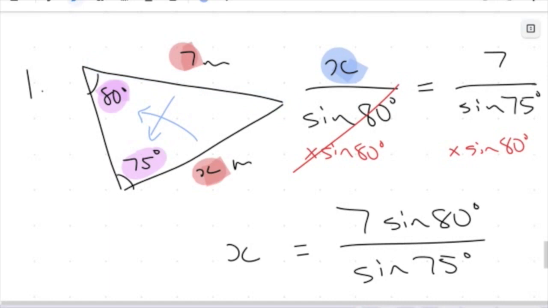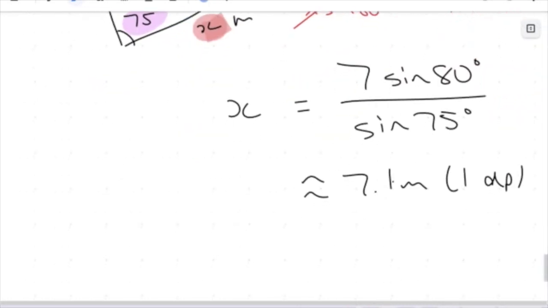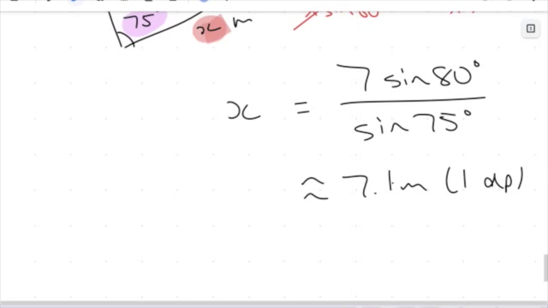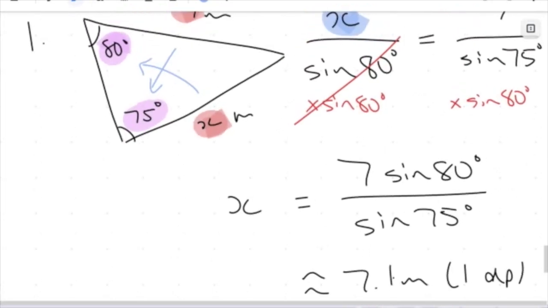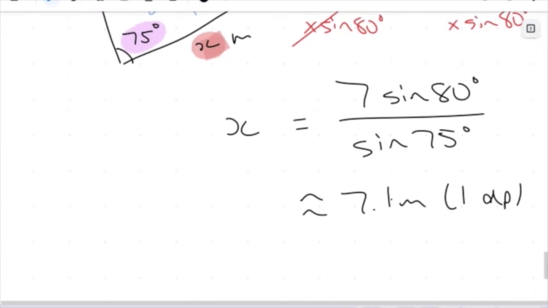And we expect it to be bigger only slightly, because 80 is only slightly bigger than 75. So an answer of 7.1 makes sense, because the bigger the angle, the bigger the opposite side. That's how triangles work. There's this whole compensation idea that we've talked about at length before. But this is how we can solve for an unknown side.